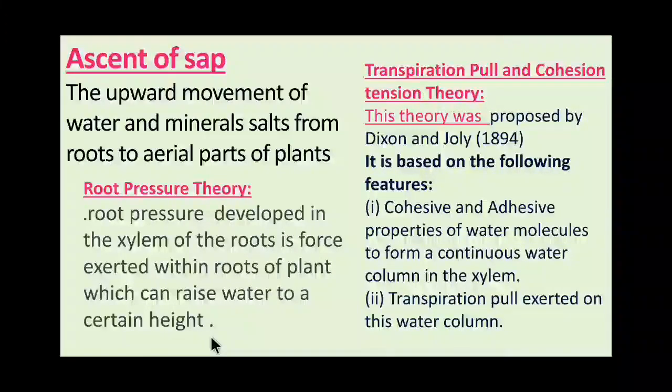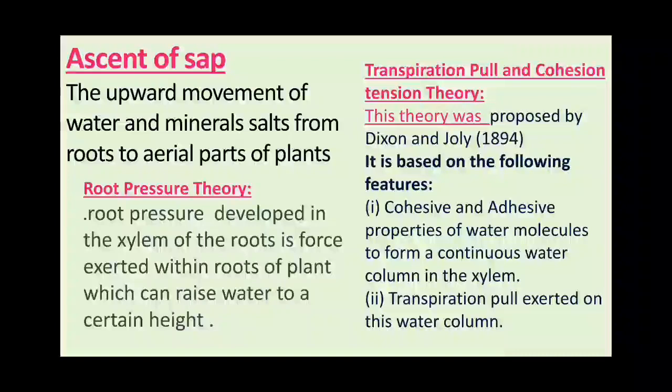That means the root absorbs water and exerts a pressure, that is the root pressure, which pushes the water upward. Now the root pressure developed in the trachea and tracheids and vessels as a result of the metabolic activities of the roots. Okay. So root pressure is exerted by roots that pushes water into root system.